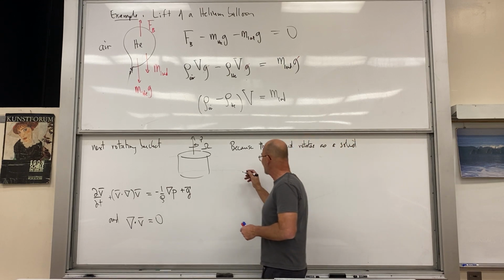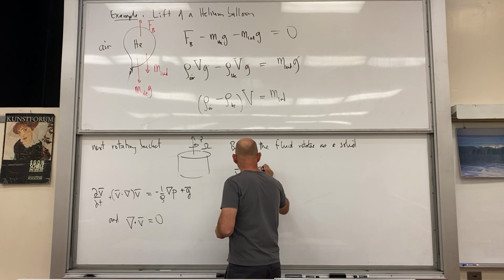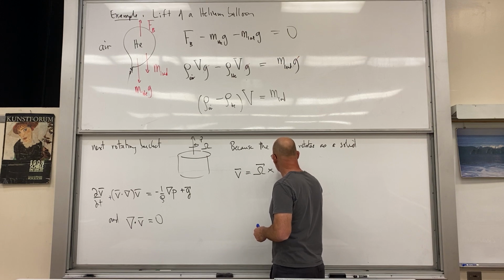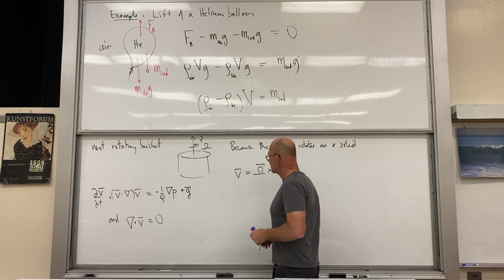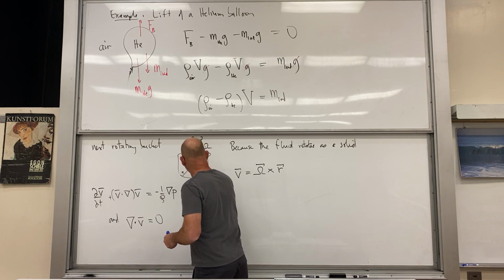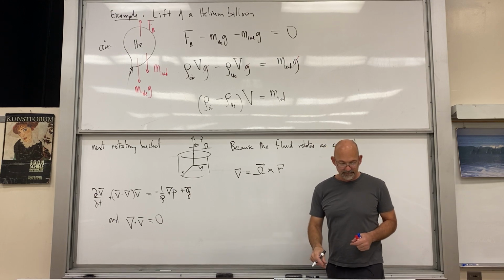So what do we then have? We have V is just equal to the cross product of omega and the vector R in that fluid. So we have an XYZ coordinate system. Z is up, and that's what we're rotating around.